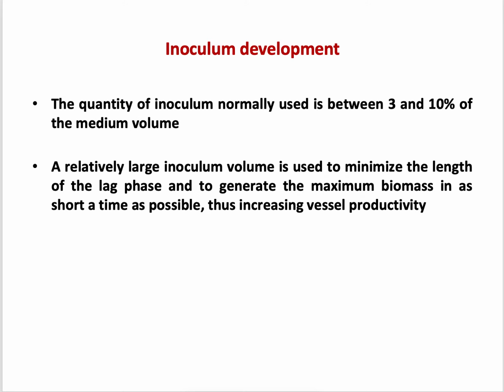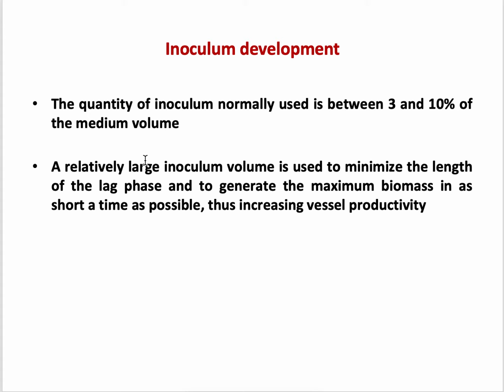Let's say we've already prepared the inocula. When we add inocula into the fermenter, usually the quantity or amount of inocula used is between 3 to 10% of the medium volume of the final fermenter.